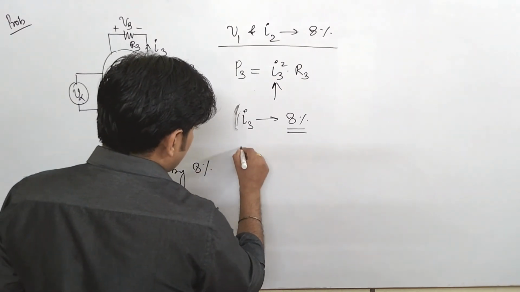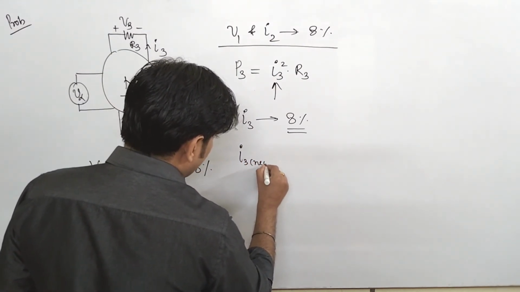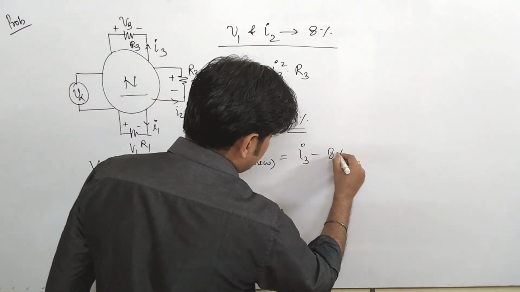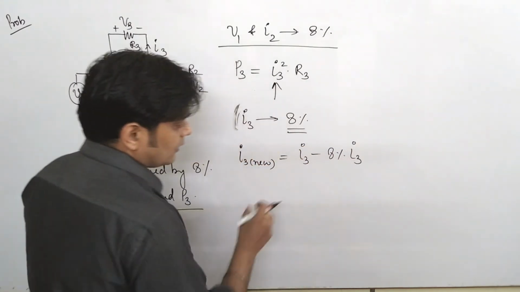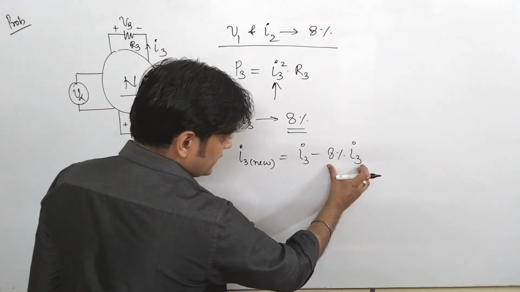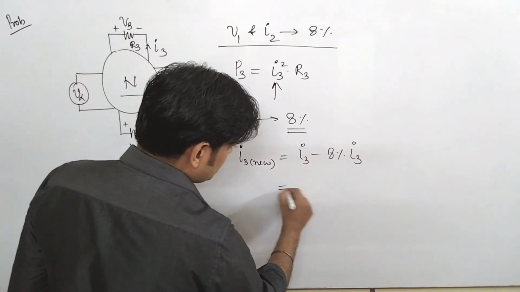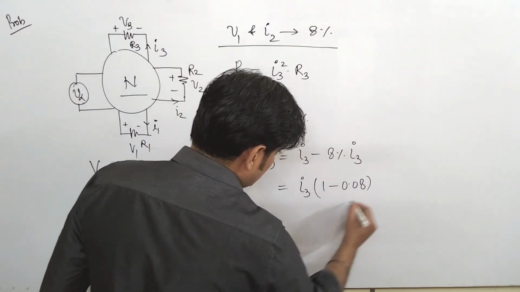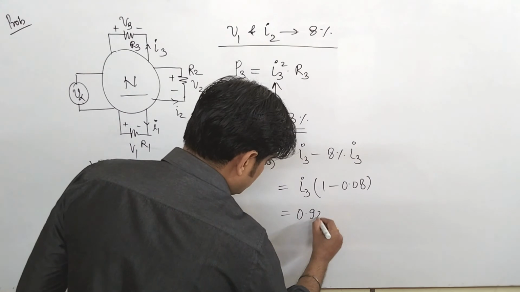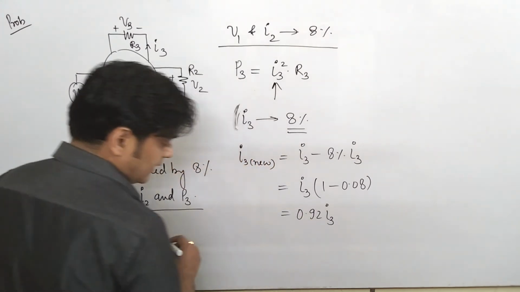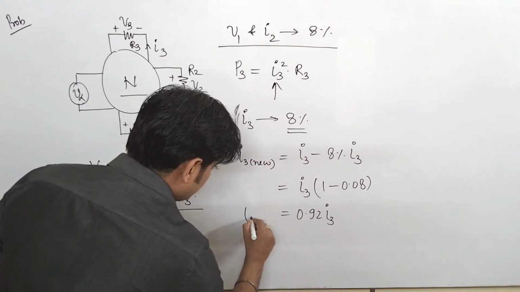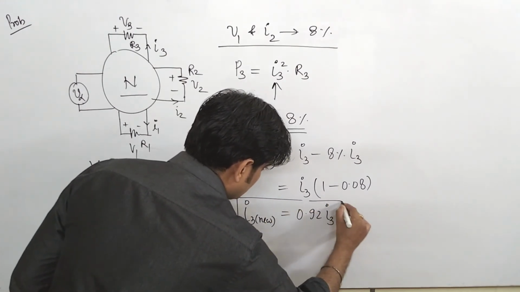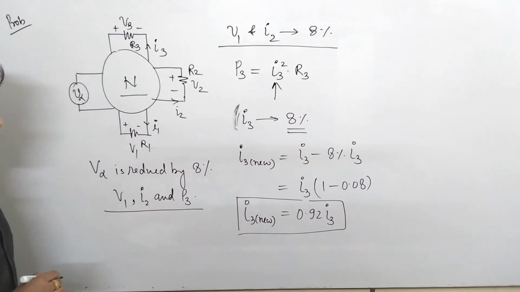So you can say that your I3 new will be I3 minus 8% of I3. Your I3 is reduced by 8%, that's why we get the new current. So it is I3 into 1 minus 0.08, or you can say 0.92 I3. So your new current I3 new is 0.92 of I3.